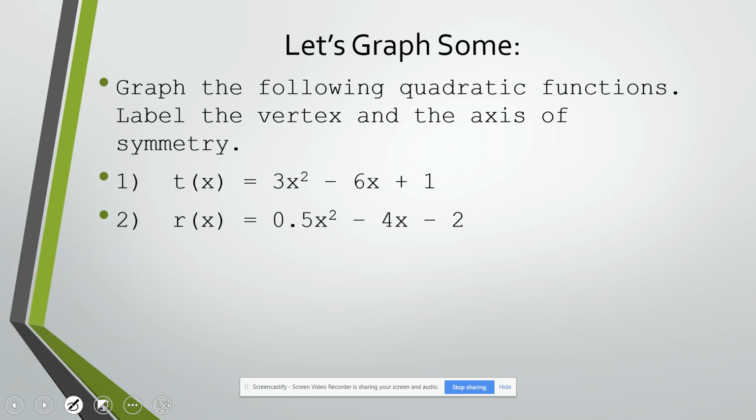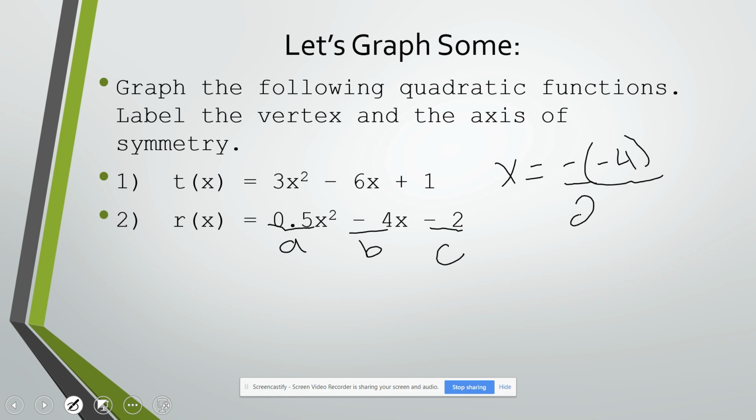Let's try example 2. A is 1/2, B is negative 4, and C is negative 2. So x equals negative b, which is negative 4 over 2 times a, which is 0.5.